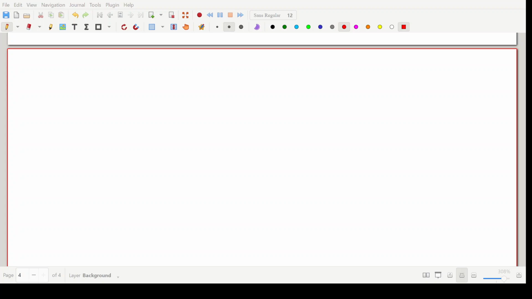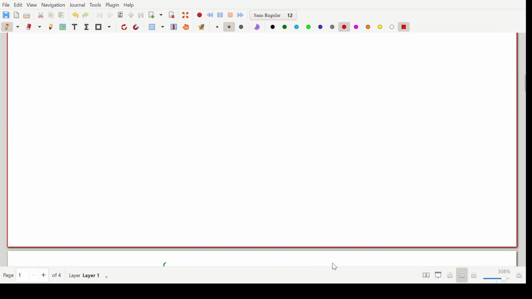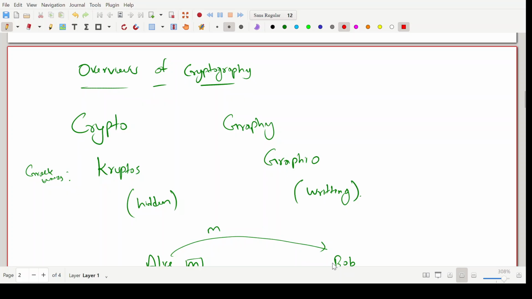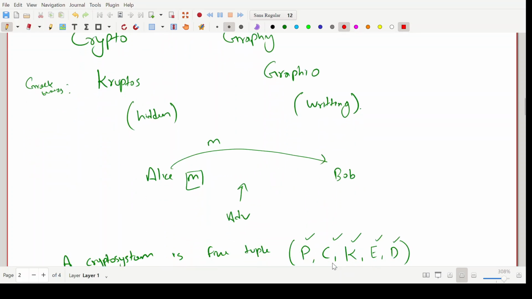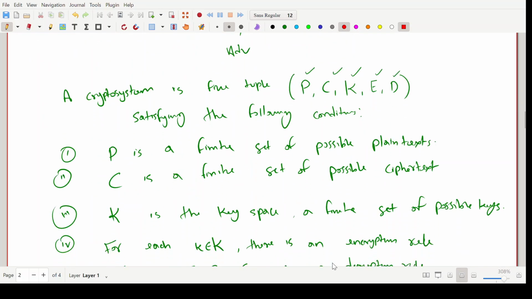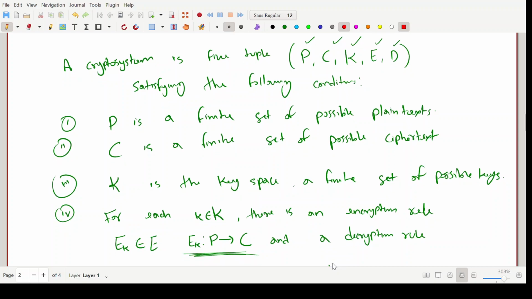Okay, welcome back everyone. Let us start with classification of crypto systems. First let me quickly recall what we had done in the last class. We started with the overview of cryptography. What is the meaning of cryptography, crypto and graphio, and then what does a crypto system consist of? It has a 5-tuple. P is the set of plain text, C is the set of ciphertext, K is the set of possible keys.